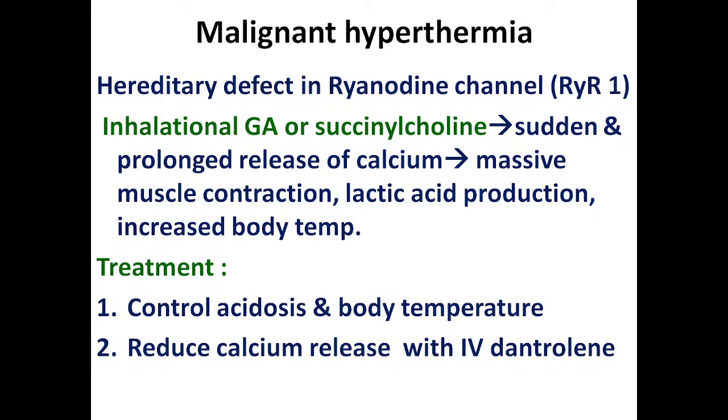Lastly, one very serious adverse effect seems to happen when succinylcholine is used with general anesthesia, not when we are using it only for laryngoscopy. When we are using it with general anesthesia, malignant hyperthermia can happen, and there are some people who are prone to it.